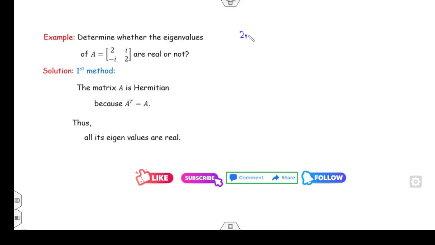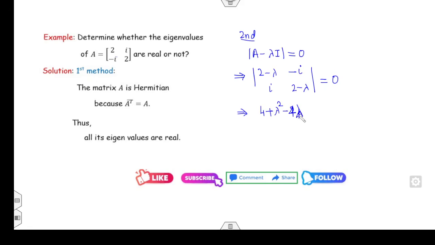The second method is to find the eigenvalues of this matrix. A minus lambda I is 0. So I can say the determinant of 2 minus lambda, minus iota, iota, 2 minus lambda is 0. If you open this bracket, it is 4 plus lambda square minus 4 lambda minus minus plus 1.